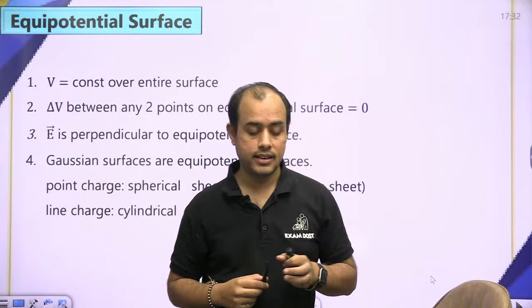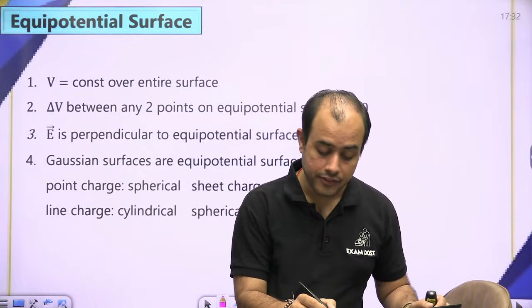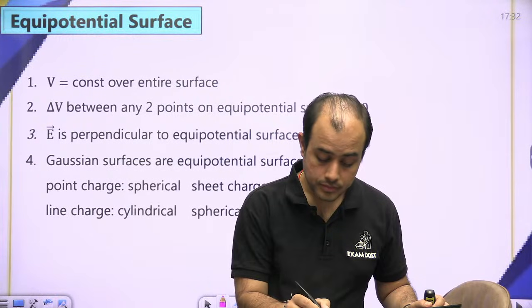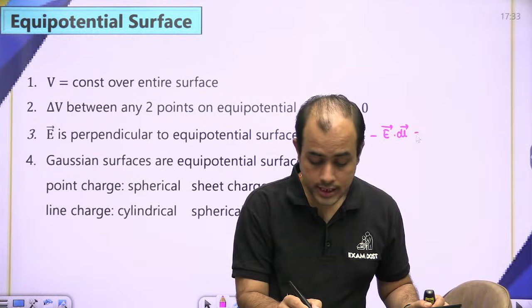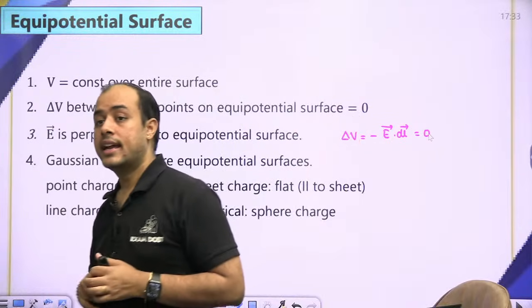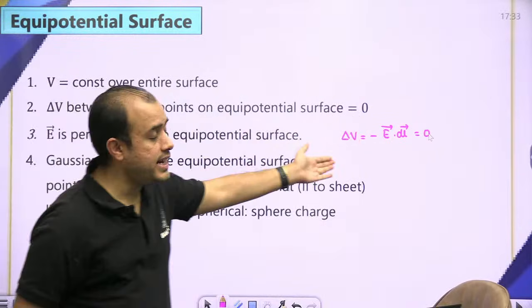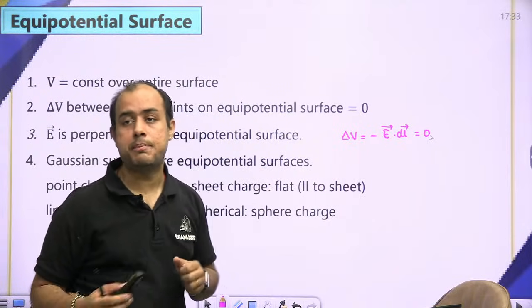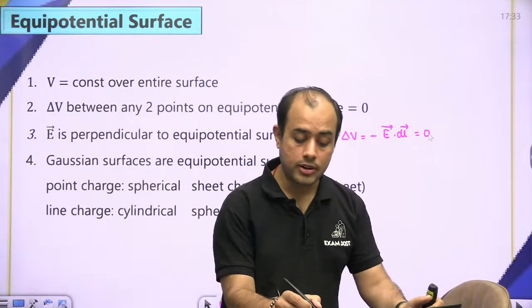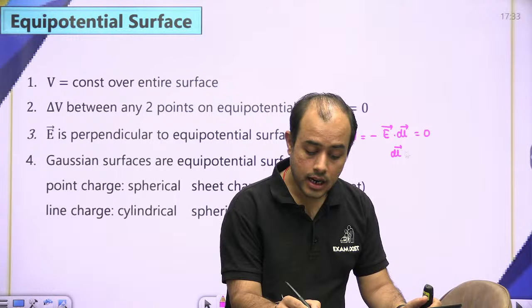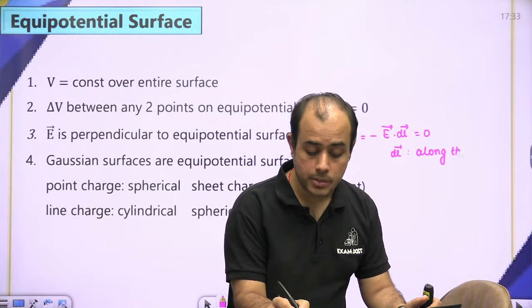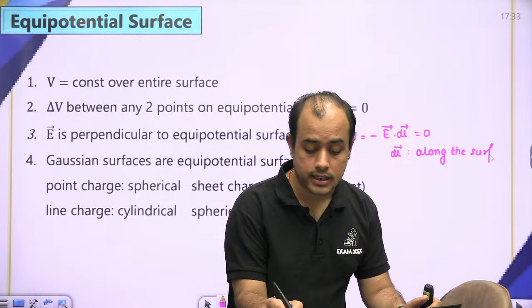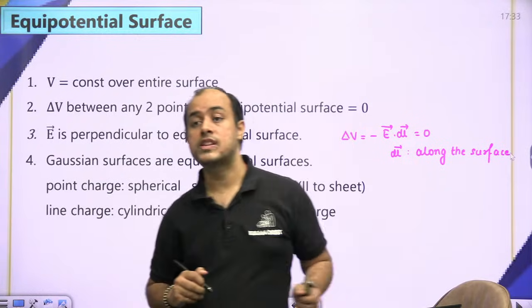So now beta, delta V, if this is zero, if the dot product is zero, it means electric field and dl vector should be perpendicular. Now dl vector is along the surface. So electric field should be perpendicular to dl vector, or perpendicular to the surface.